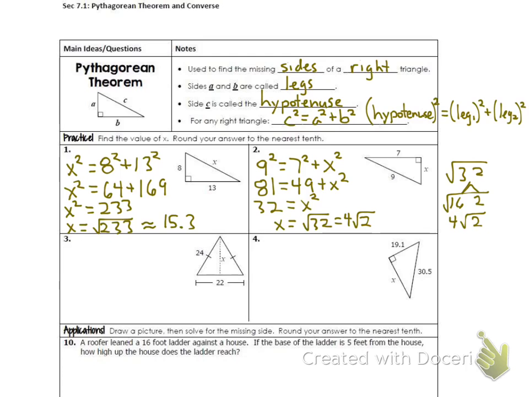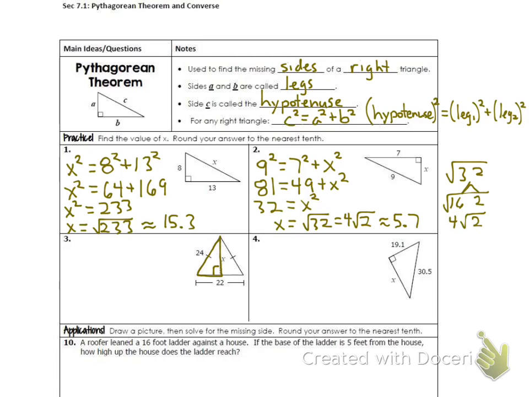You could also put this into a calculator and find that the decimal version would be approximately 5.7 units.